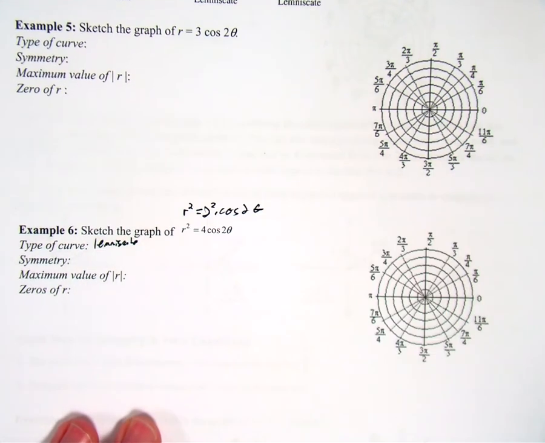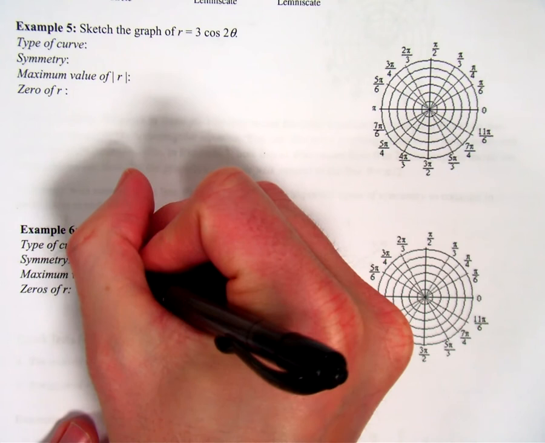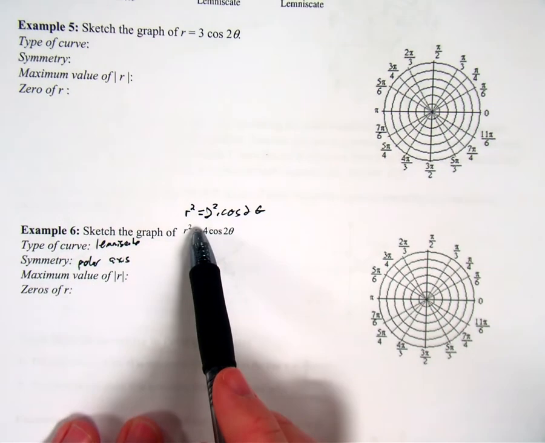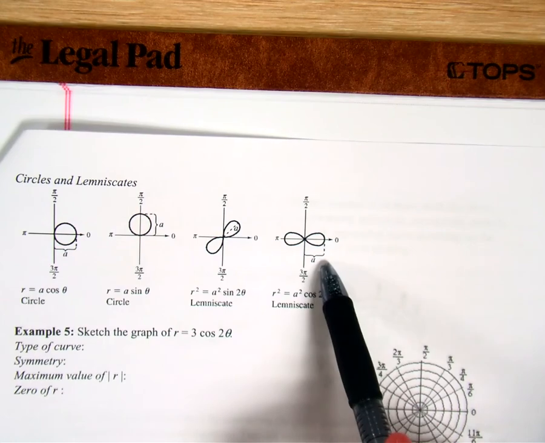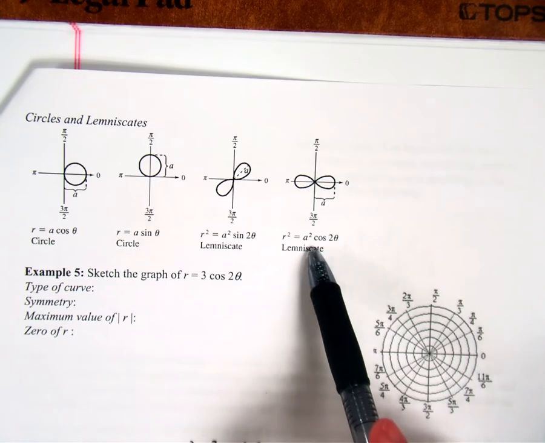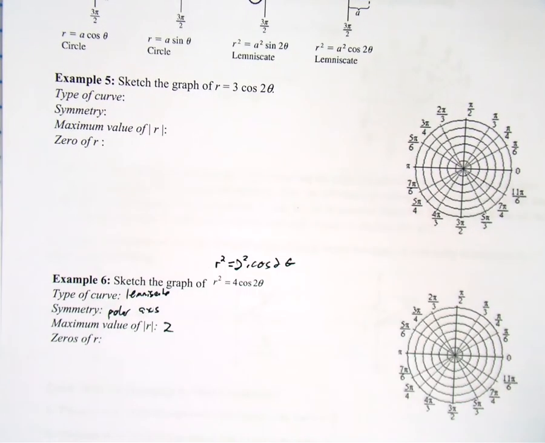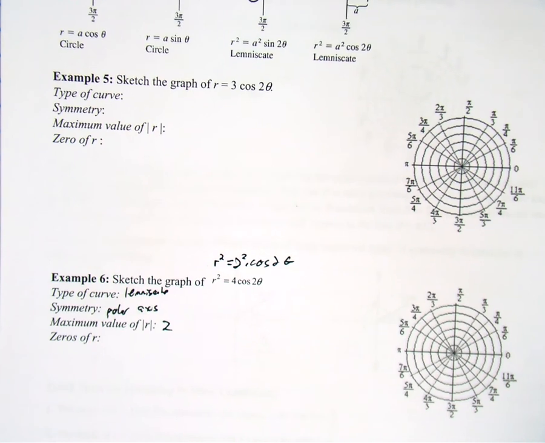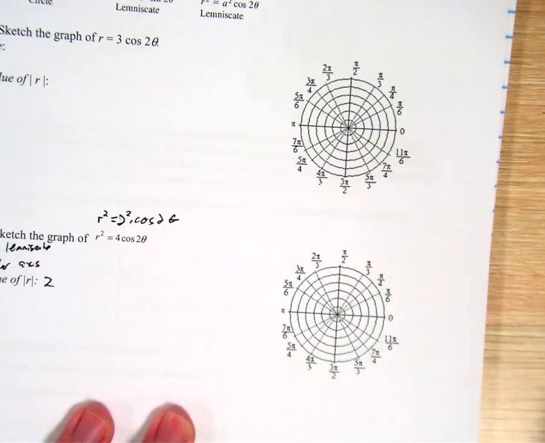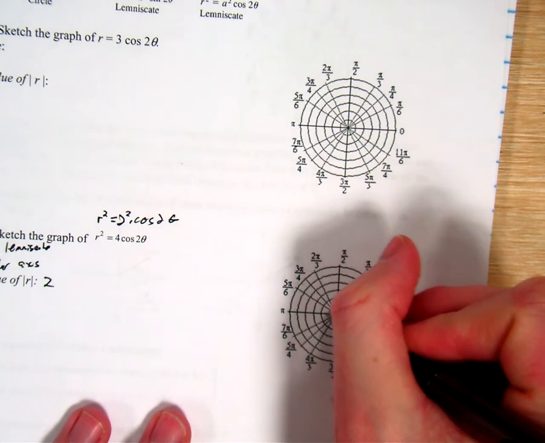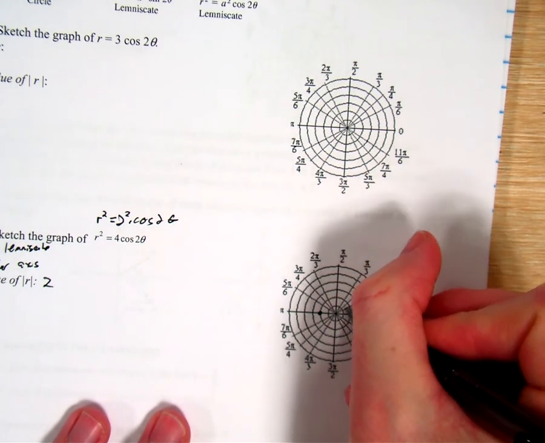Symmetry is cosine, so we have polar axis symmetry again. The farthest it's going to be out is a squared, and this is a, so our a was 2. Okay, so we can go ahead and 1, 2, 1, 2, and it's just going to keep alternating in a figure 8 here.